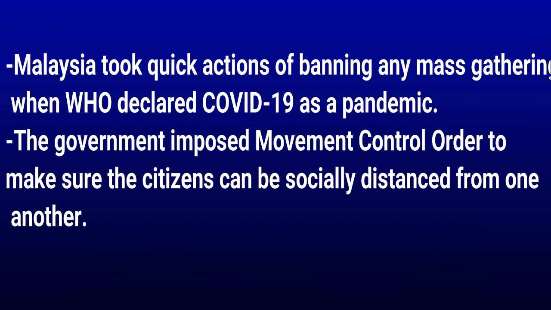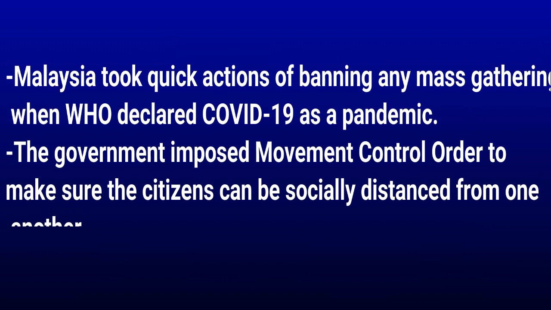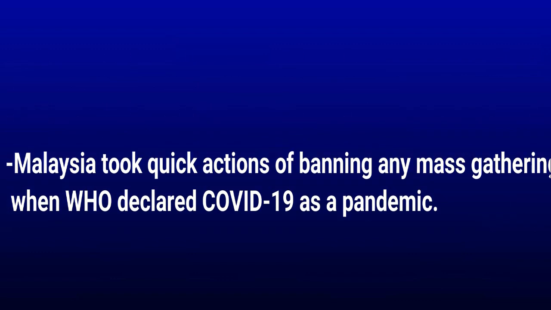The Malaysian government immediately introduced the movement control order, where in this measure, offices, universities, schools, and business premises are closed down temporarily, and only the essential sectors are allowed to operate during this period.